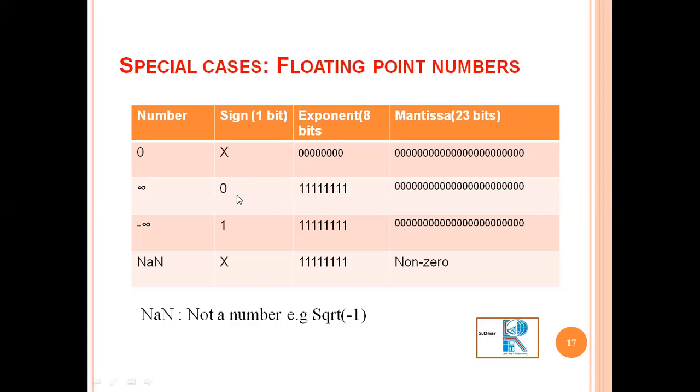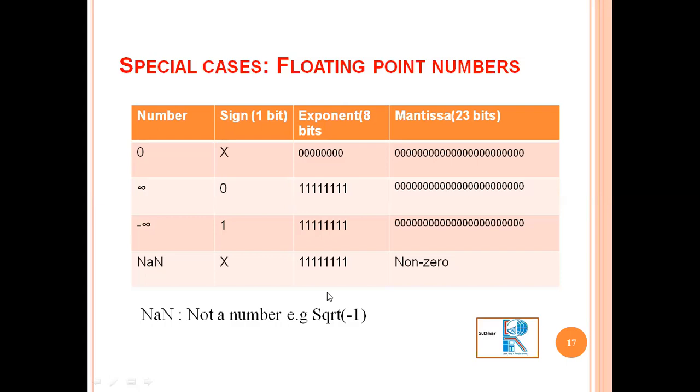Similarly, if the sign bit is 0, all the exponent bits are 1, and all the mantissa bits are 0, it will be considered as plus infinity in the IEEE 754. Remember, these are special types of numbers which are already fixed by the IEEE 754. Clear? Similarly, if the sign bit is 1 and the exponent bits are all 1 and the mantissa bits are all 0, it will represent minus infinity.